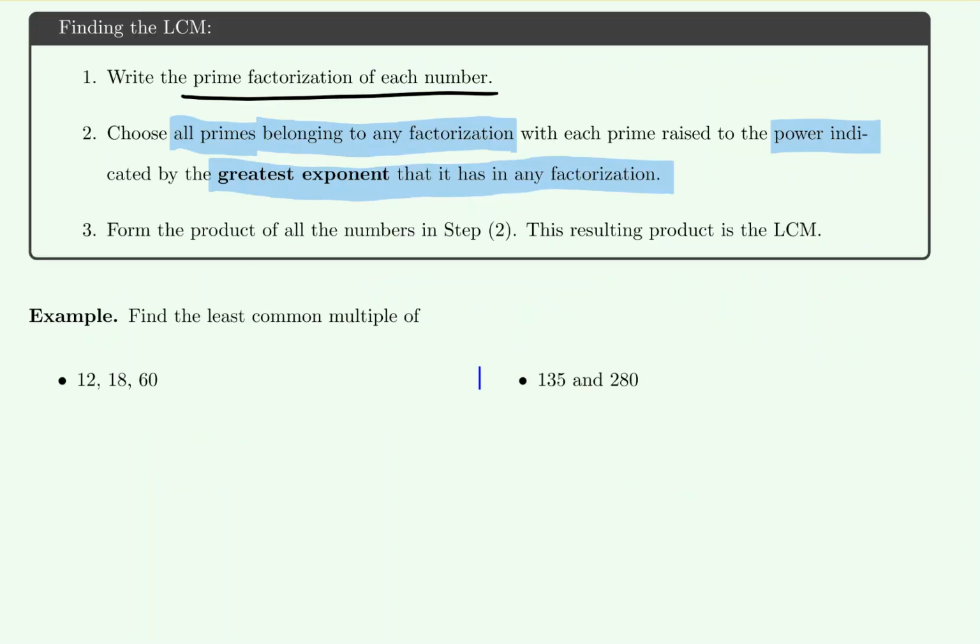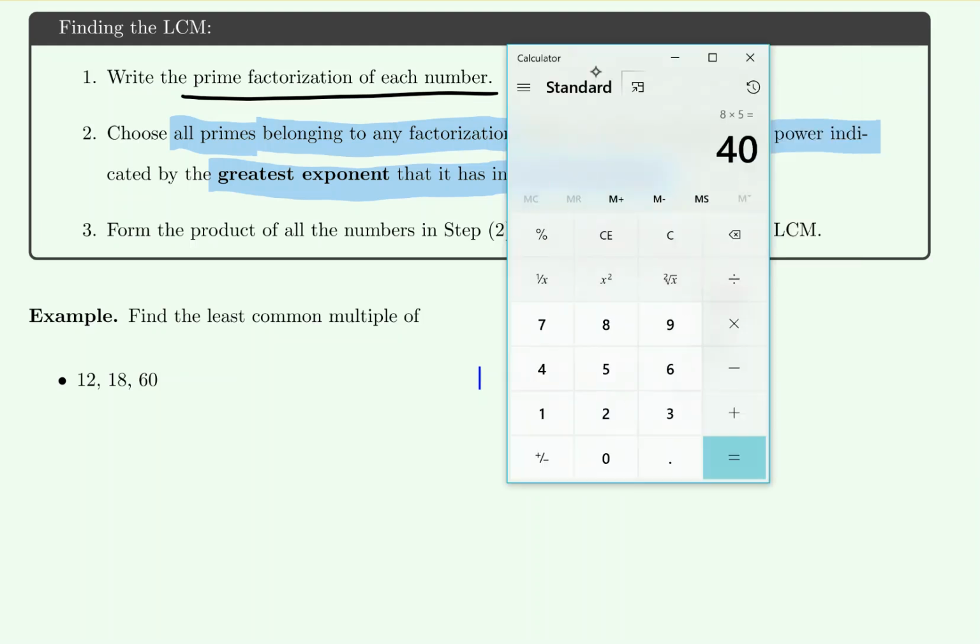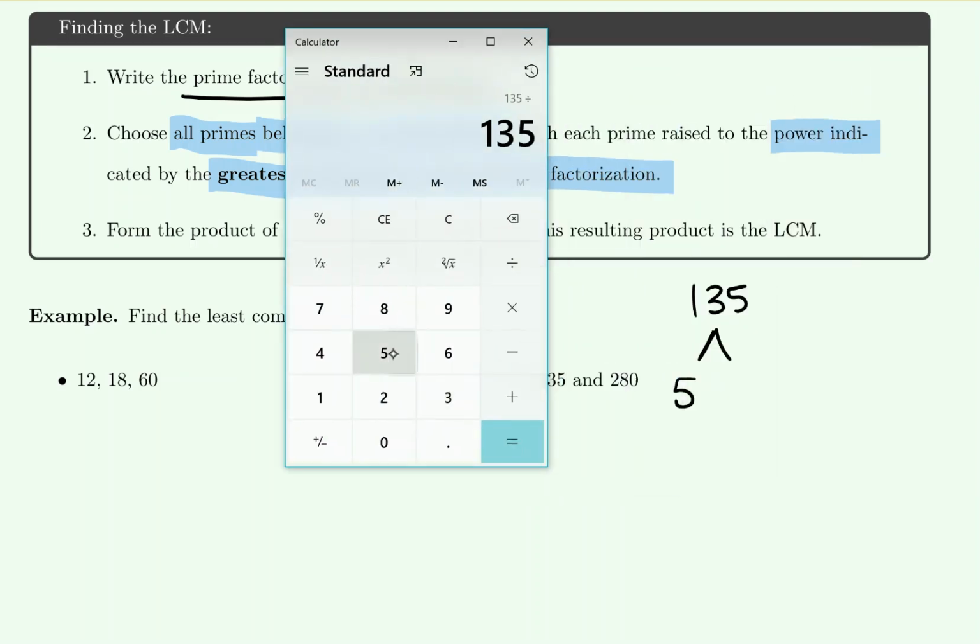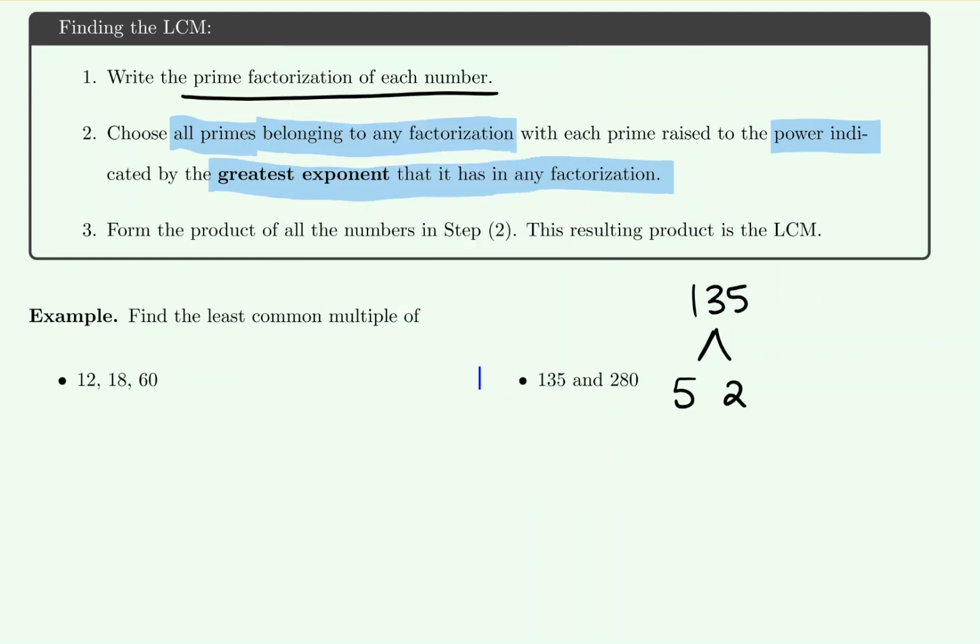So step 1 is the same as before. We need to make the factor tree of these and find their prime factorization. I know 135 is a multiple of 5. I could use my calculator to divide that just to see what it is, and it goes in 27 times. 27 is 3 times 9.